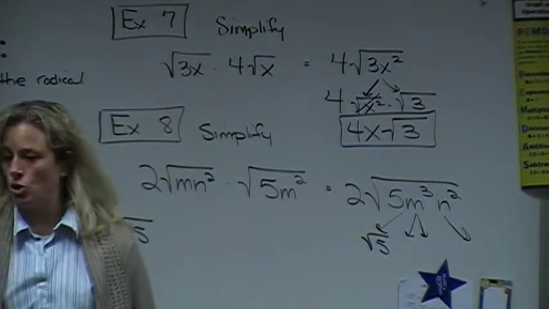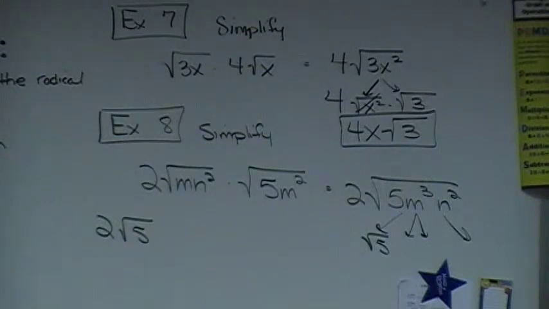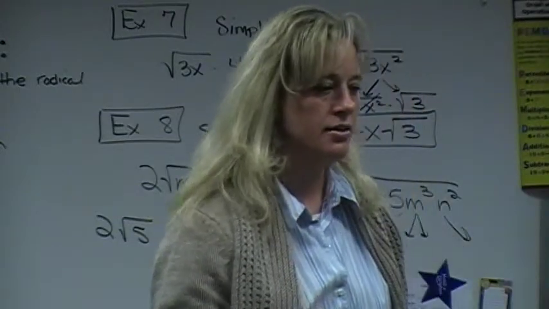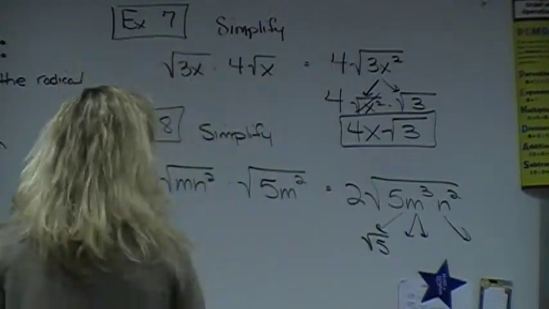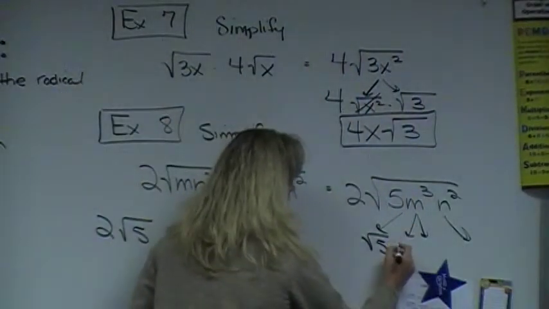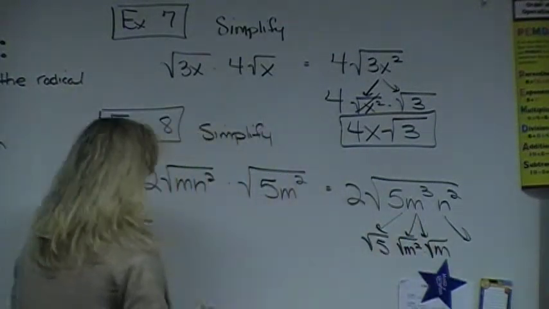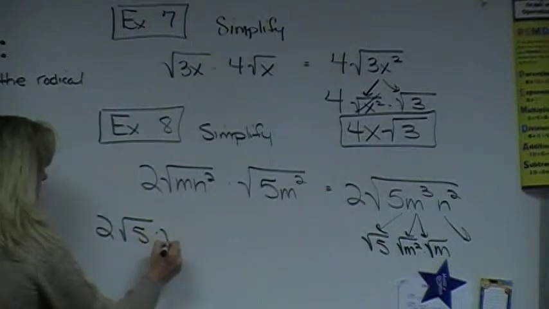Because is m cubed a perfect square? But does it have a perfect square factor? Yes. What do I multiply to get m cubed? M squared and m, very good. All right, so let's break the m cubed up into the square root of m squared times the square root of m.